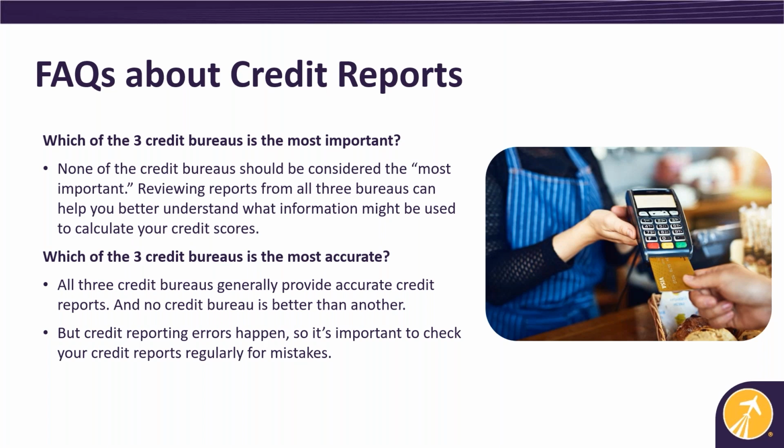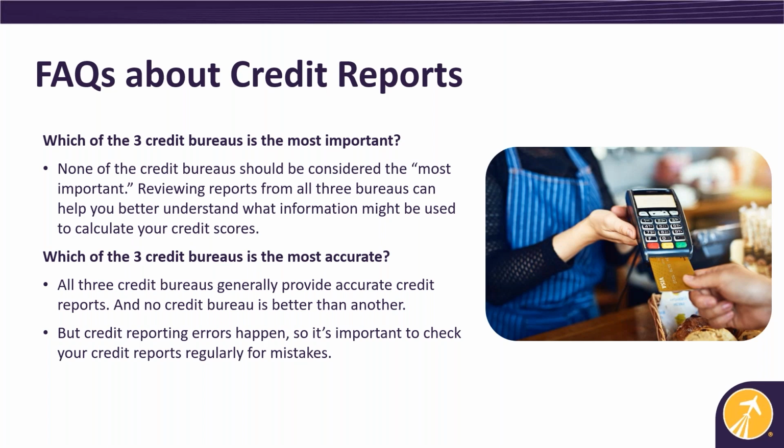And then which of these three bureaus is the most accurate? Well, the law says, under the Fair Credit Reporting Act, which I'll share with you, that it applies across all bureaus: accuracy, fairness, and privacy. So there's no credit bureau that is better than the other or more accurate.